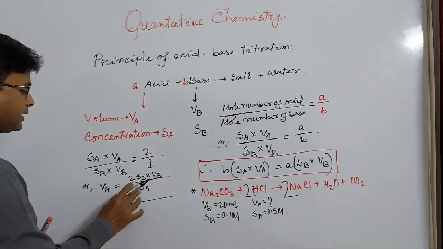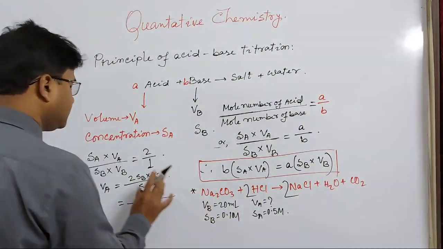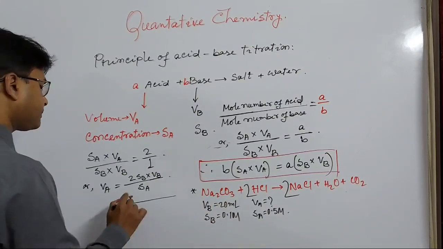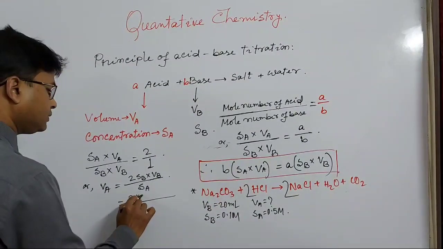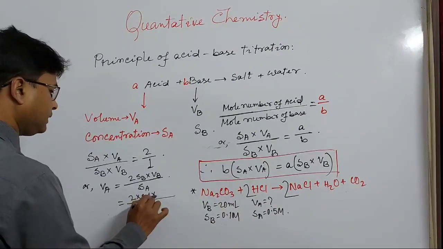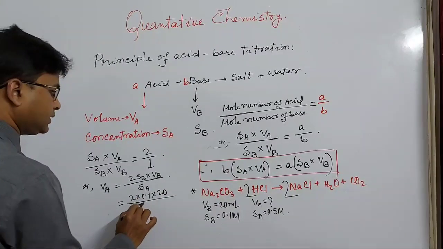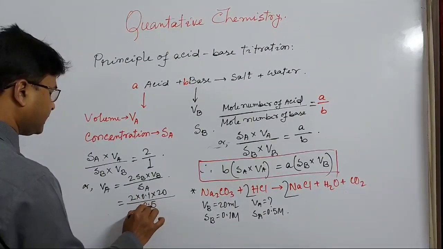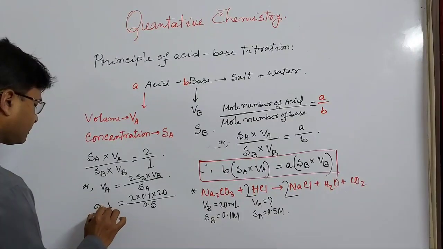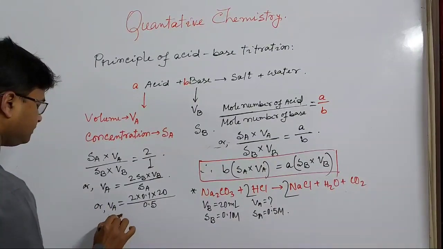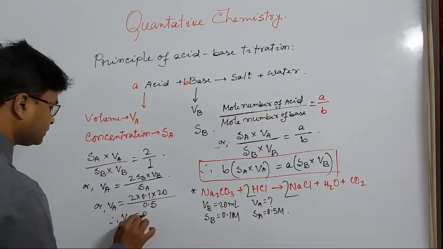Then I can plug all those data. 2 into 0.1 into 20 divided by 0.5. So VA is equal to 8 ml.